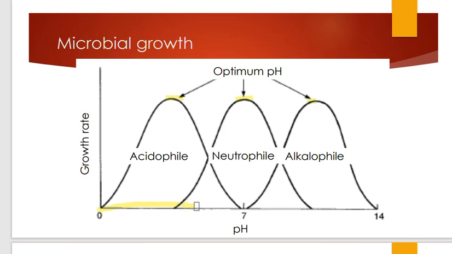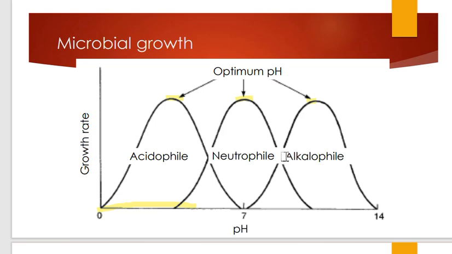So pH below 5 is the optimum pH requirement for your acidophiles. Moving on, we also have your neutrophiles. Neutrophiles grow optimally at pH between 5 and 9. So the optimum pH requirement for your neutrophiles is between pH 5 and 9.